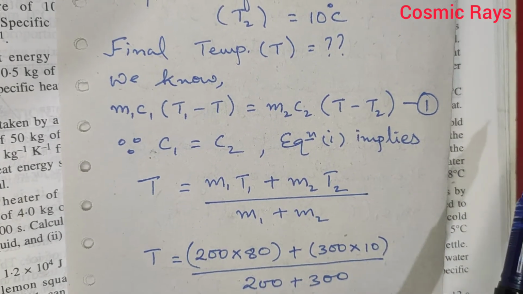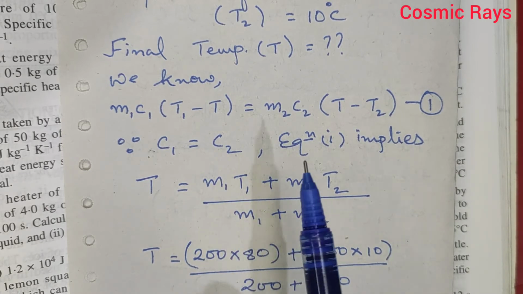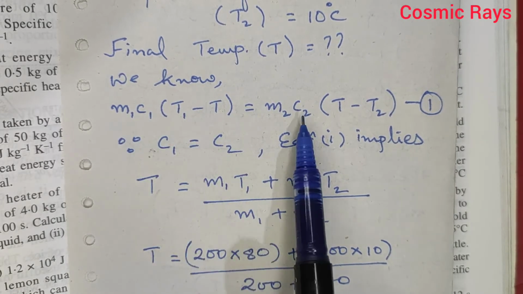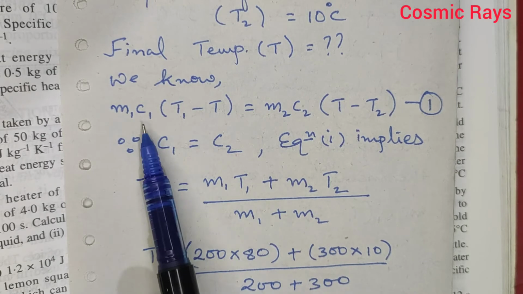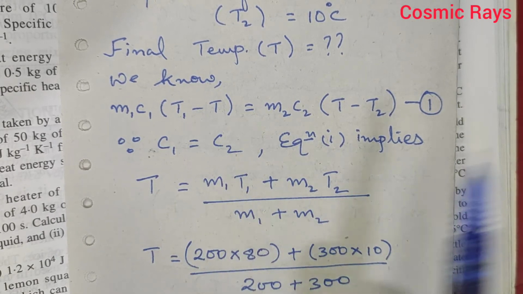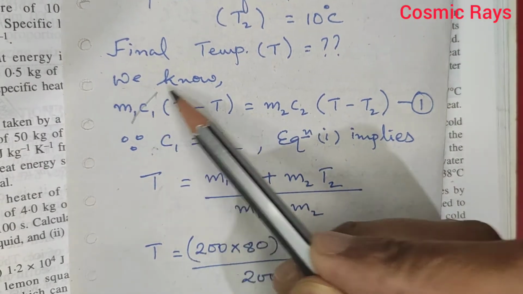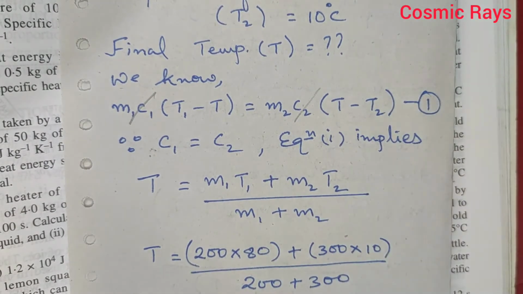Now here, since we are talking about water only, the specific heat in both the cases, that is C1 and C2, will be equal and they will be cancelling out each other. So C1 and C2 get cancelled out.